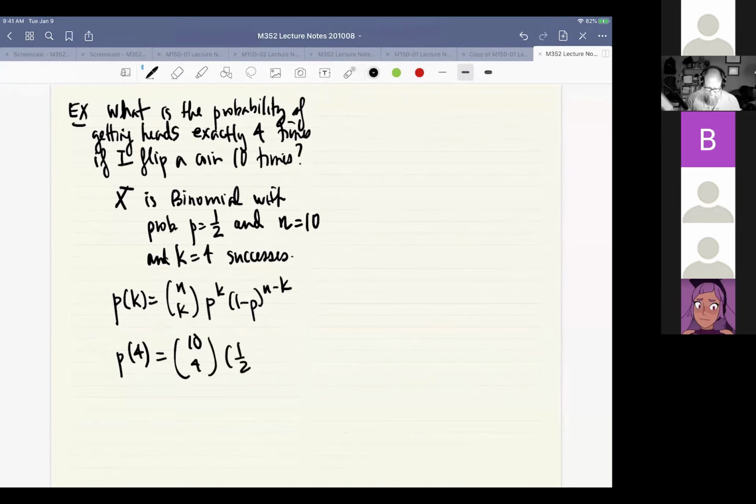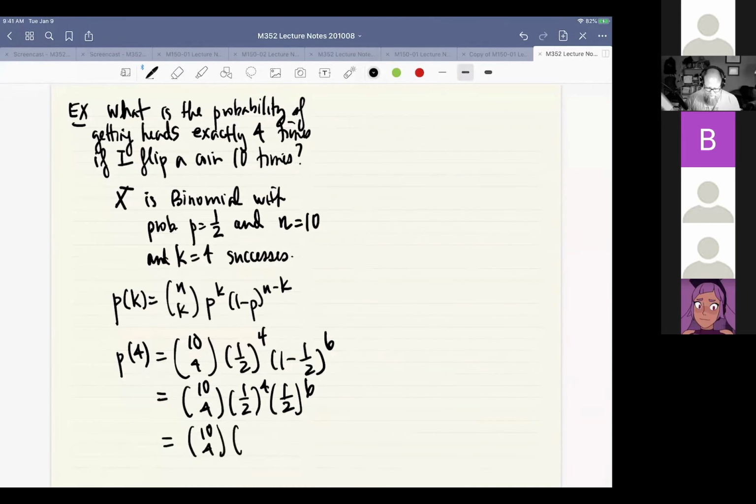P is 1/2. K is 4. P is 1/2. N minus K is 10 minus 4, or 6. Oh, look at that. Well, both our bases are 1/2, so I can use the law of exponents and put those things together. So I get 10 choose 4 times 1/2 to the 10th power.